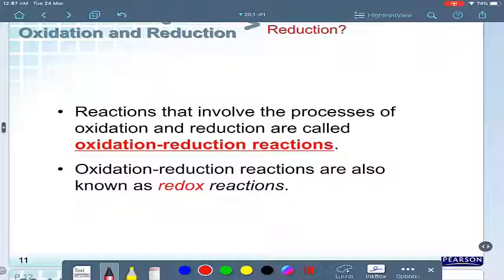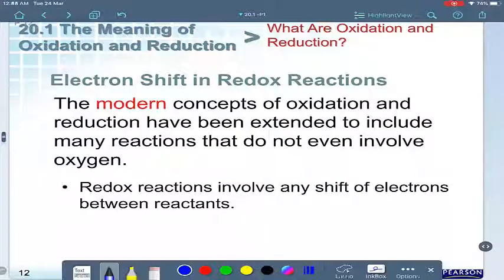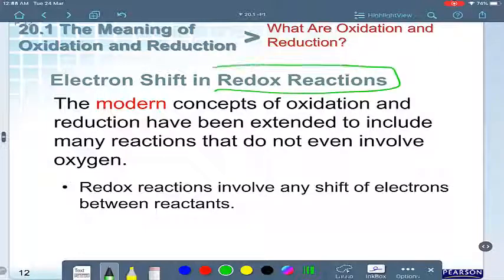If you have a reaction of oxidation and reduction, we call it a redox reaction. I told you, we have a new meaning of oxidation and reduction or redox reaction. Why a new meaning? Because the scientists found that in some reactions like redox reactions, oxidation happens and reduction happens without the existence of oxygen or hydrogen.